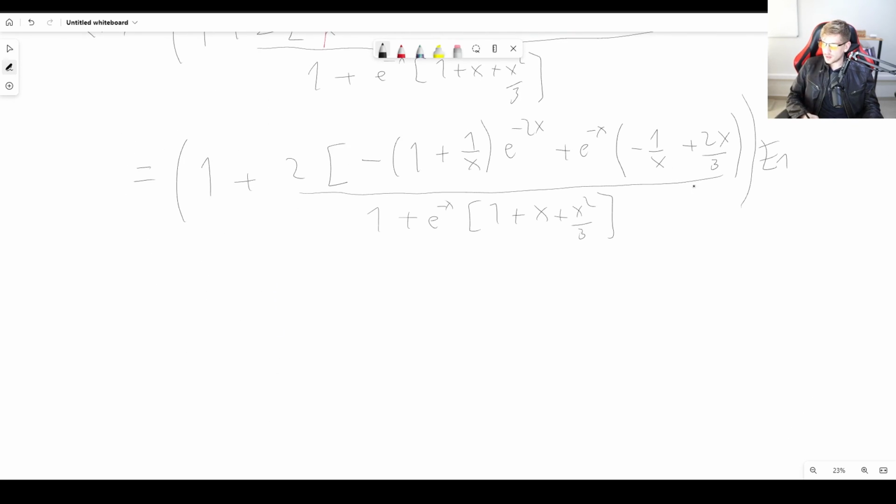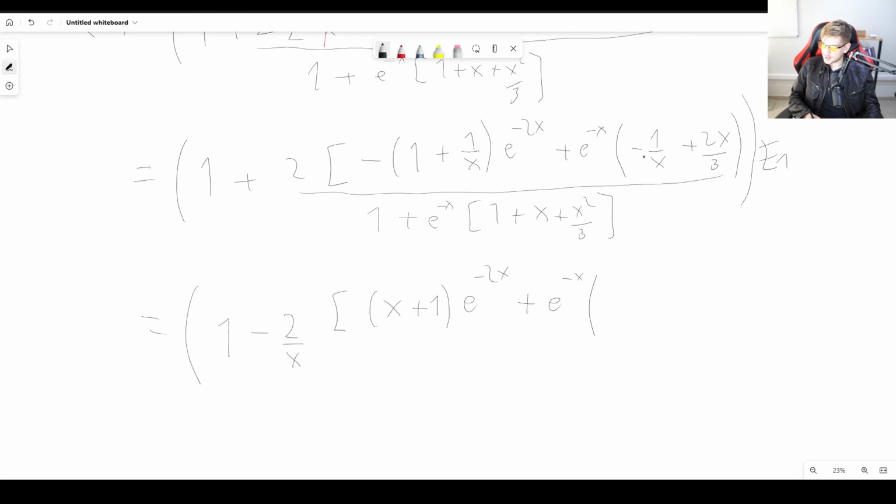Okay, so there's a lot of 1 over x's in here as well. So we could try to factor it out, right? So let's factor out 1 over x and also a minus. There's a minus here, minus there. So 1 minus 2, and then we have x over x, right? And then this has to be an x now, so that when we factor out 1 over x, it cancels out, plus 1, e to the minus 2x plus e to the minus x.